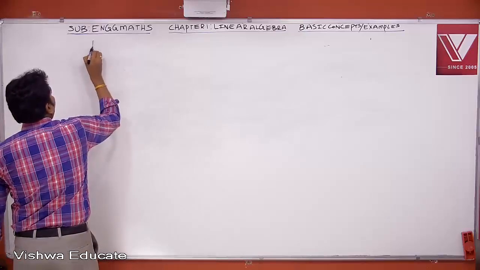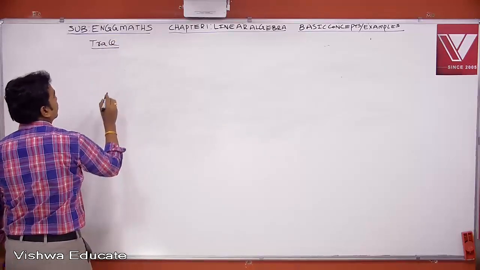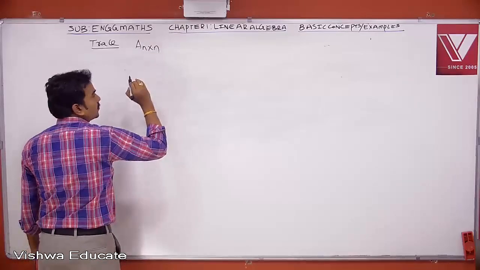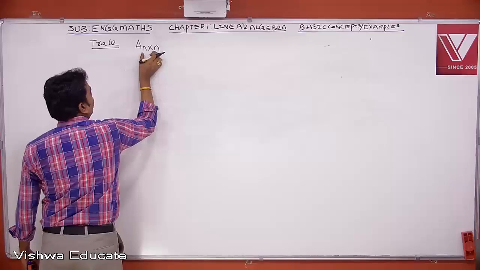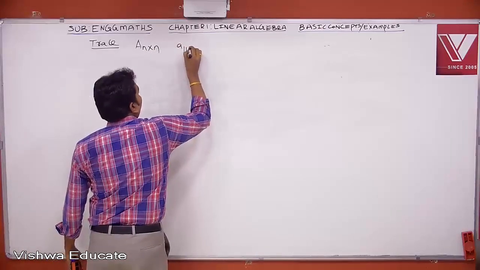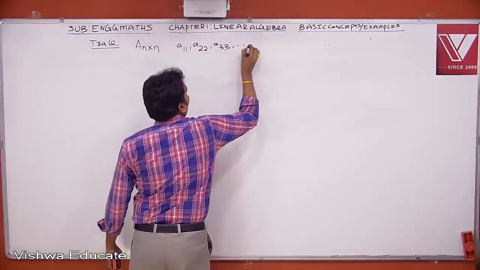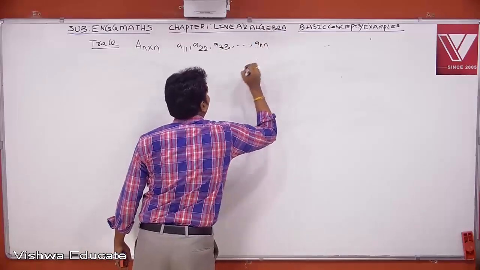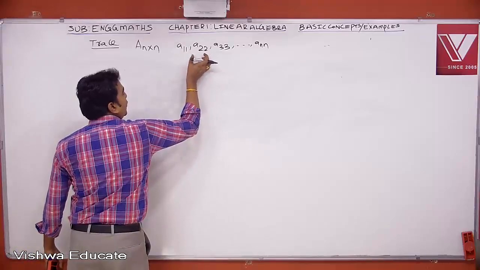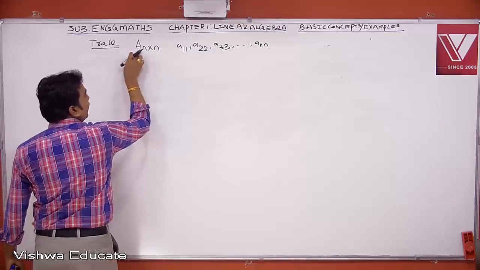Next concept, trace. Suppose A is an n cross n matrix. Since it is an n cross n matrix, we have n diagonal elements. Assume that my n diagonal elements are A11, A22, A33 and so on, A_nn. Add all these diagonal elements, we get some constant and that is called the trace of this matrix.